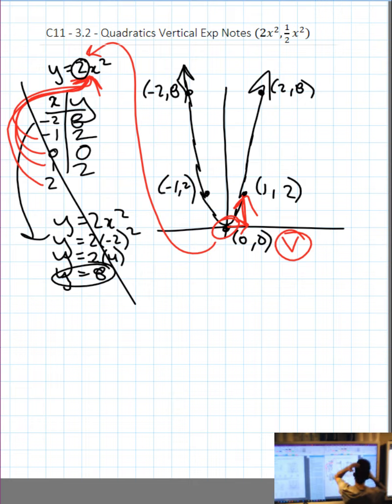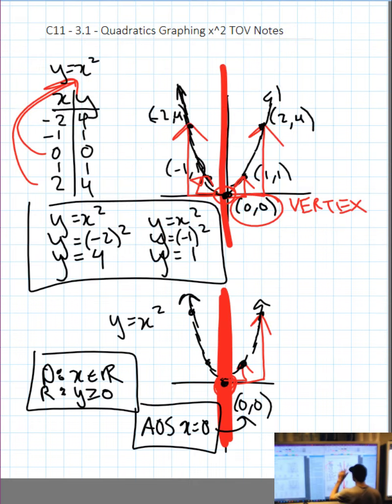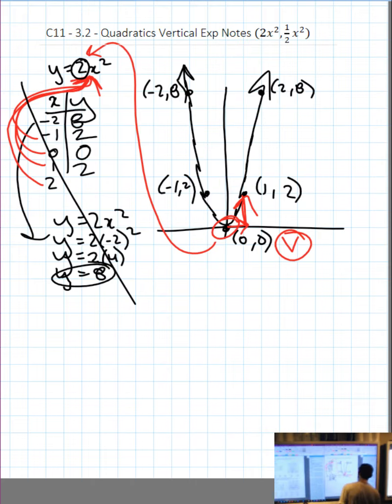So, where it used to be 1 squared is 1, times 1 is 1, up 1 with x squared. 2 squared is 4. So over 2 up 4. Now we just have a different pattern. Over 1, 1 squared is 1, times the coefficient 2, up 2.